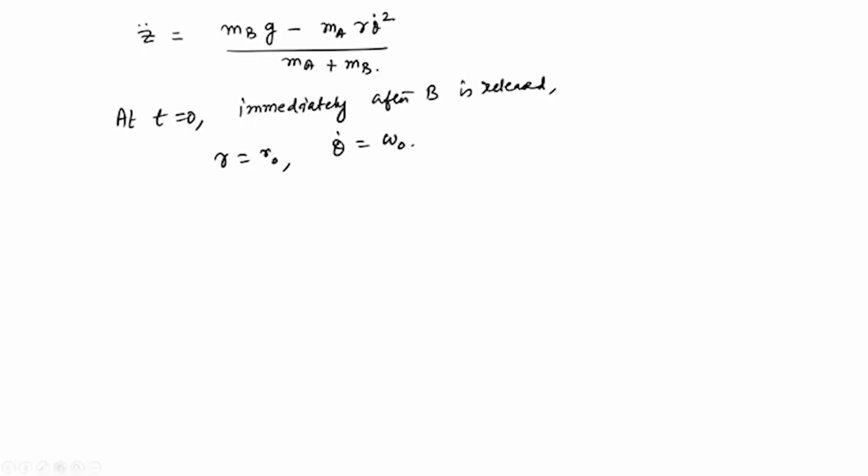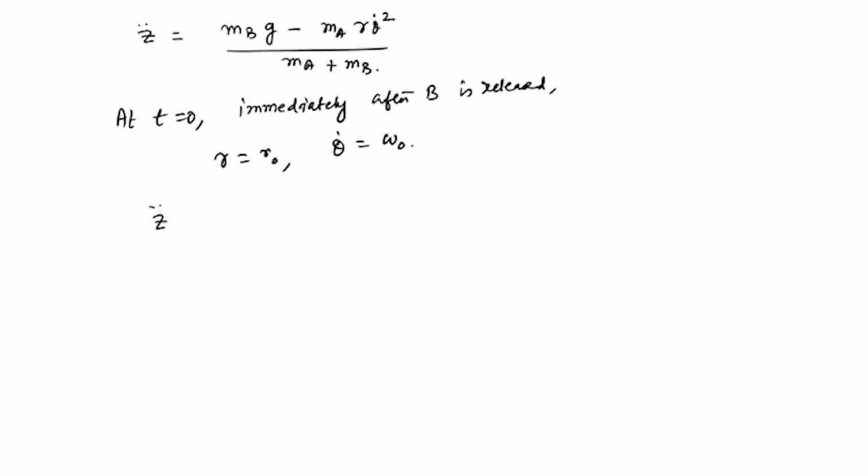So, this was kept in a static condition, and then you let this mass go. What will happen is that the mass B will come down, and mass A will have a shrinking orbit. So, that tells you that z double dot at t equal to 0 is equal to (m_B g minus m_A r_0 omega_0 square) divided by (m_A plus m_B).